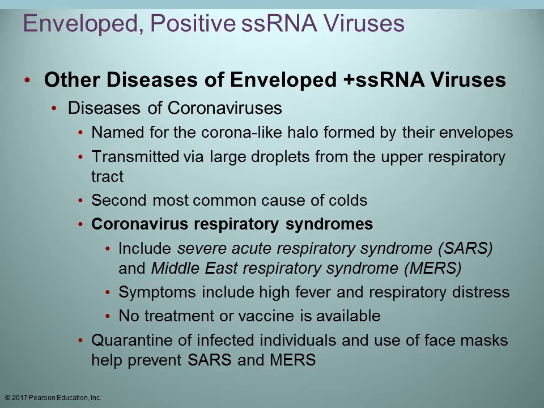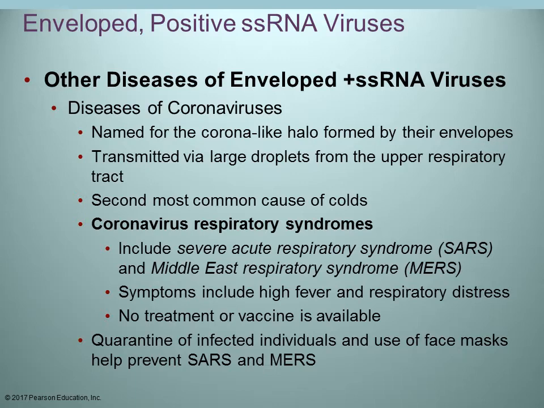There is no vaccine currently available for SARS or MERS. Treatment is just supportive, treating the symptoms. To help prevent it, it is recommended to use face masks and to quarantine infected individuals so that they will not pass this on and infect additional individuals.